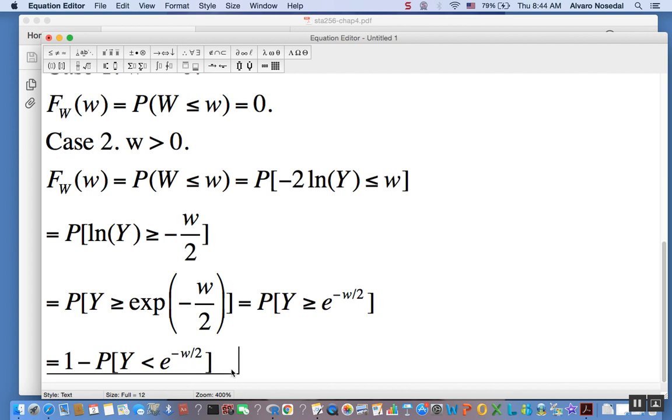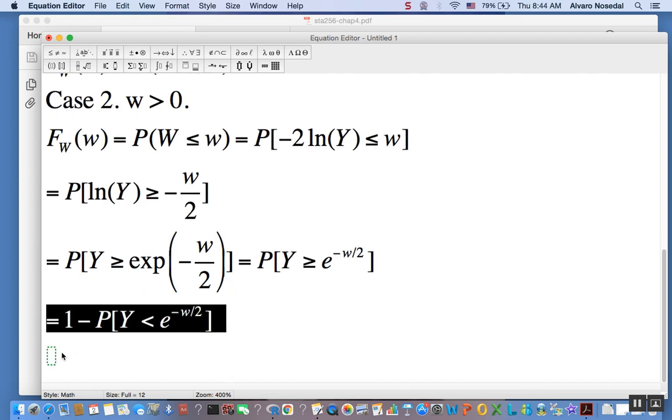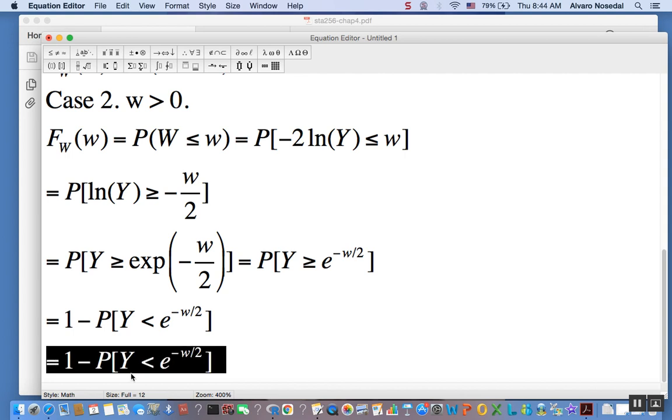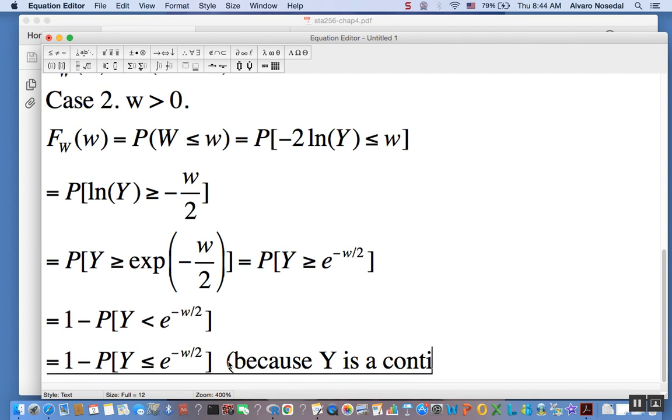Now, let me just argue that this is the same as this: the probability that Y is strictly less than e to the negative w divided by 2 is the same as the probability that Y is less than or equal. Why is that true? Because Y is a continuous random variable.